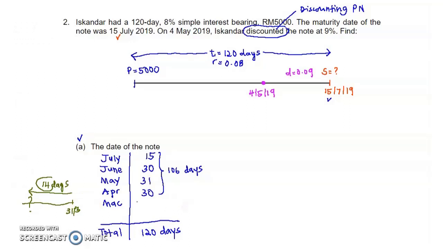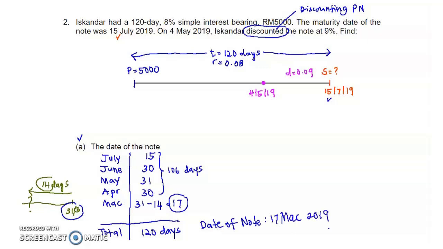So March we have 31 days here. So we need another 14 days. So minus 14. So 31 minus 14 will be 17. So the date is 17 March. So date of note, date of note 17 March 2019. Okay, we work backward.